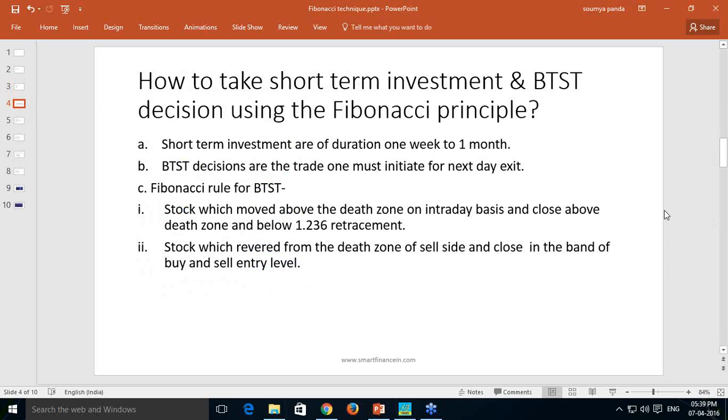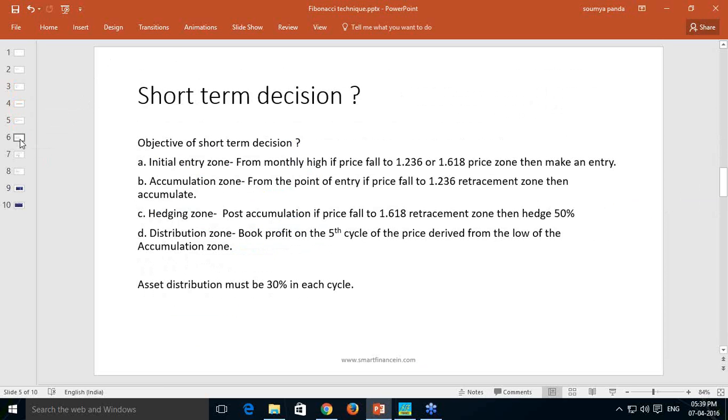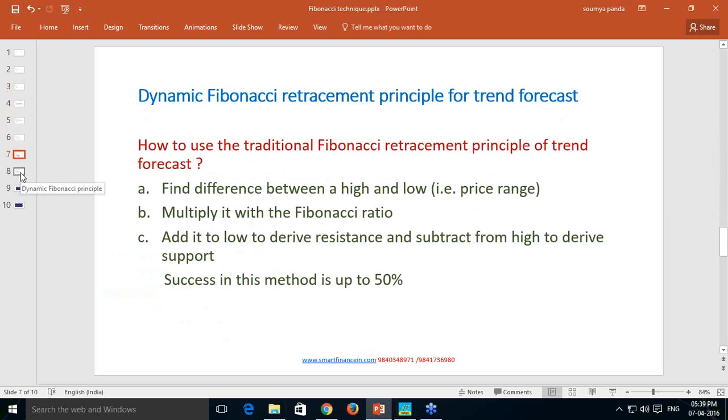You can also take BTST trade decisions. You can also take intraday trade decisions. So these are the different decisions you can take using the Fibonacci. So how this Fibonacci retracement is used in a traditional method and how it is used in a dynamic method, these two things you are going to learn now.